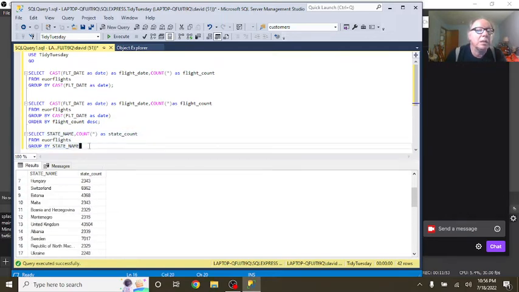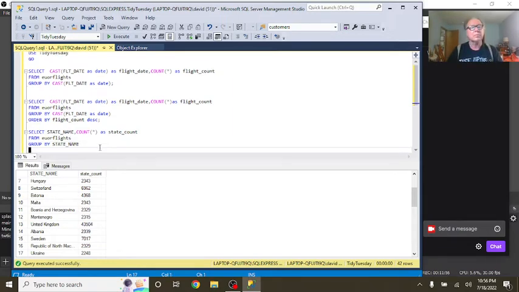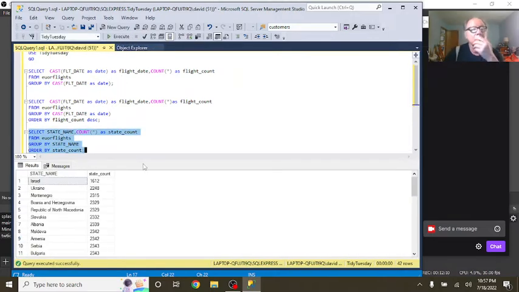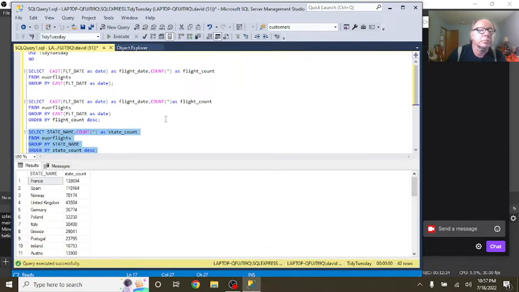Let's do an order by state count. Hmm. So France and Spain had the most flights.